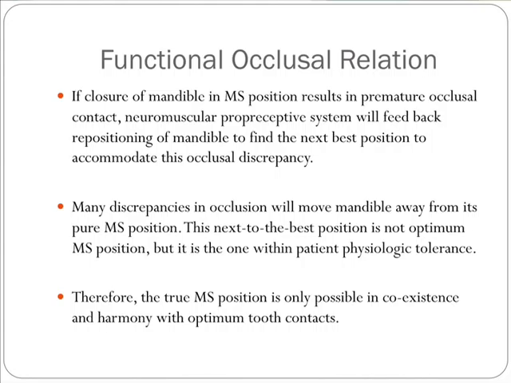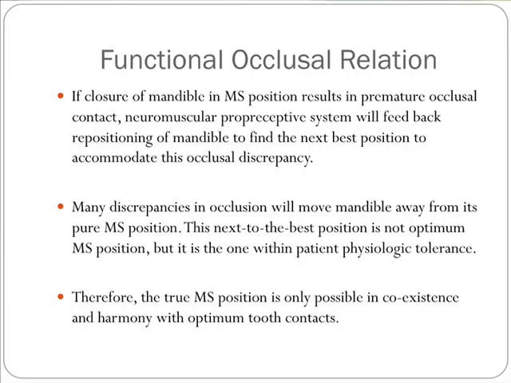If closure of the mandible in the musculoskeletal position results in premature occlusal contact, the neuromuscular proprioceptive system will feed back the repositioning of the mandible to find the next best position for accommodating this occlusal discrepancy.